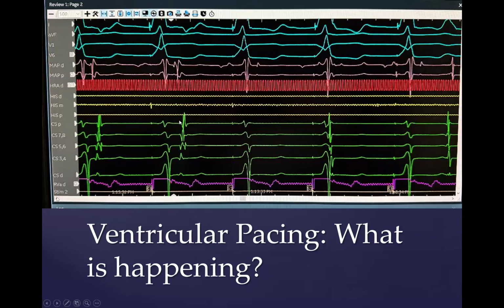Like in these two beats, there is a fairly consistent relationship between the V and the A. But in these beats, here's a V, and this is not conducting from V to A, because the V to A interval is like 30 milliseconds. There is no electrical tissue in the heart of human beings that can conduct this fast.